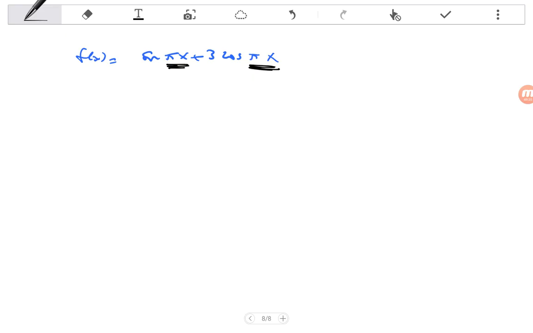So you can say that this can be expressed as the square root of 1 squared plus 3 squared times the cosine of pi x minus alpha.